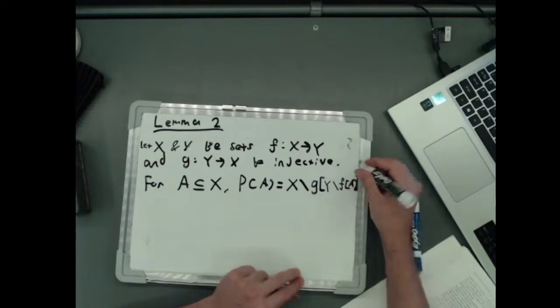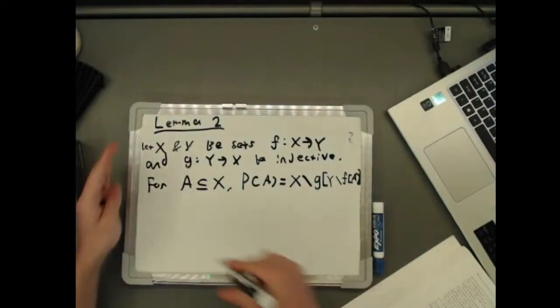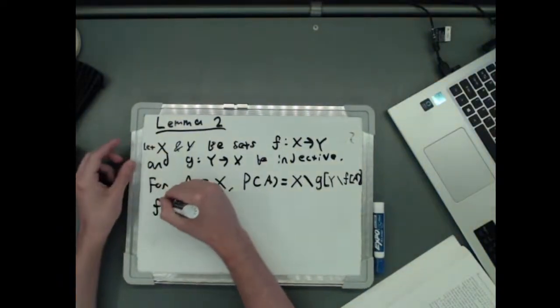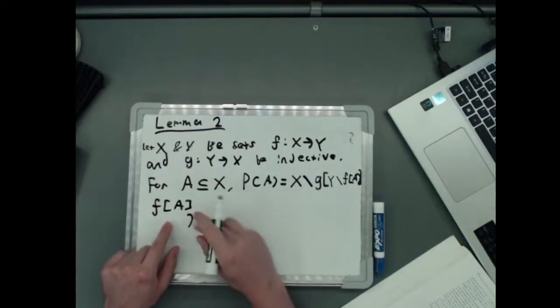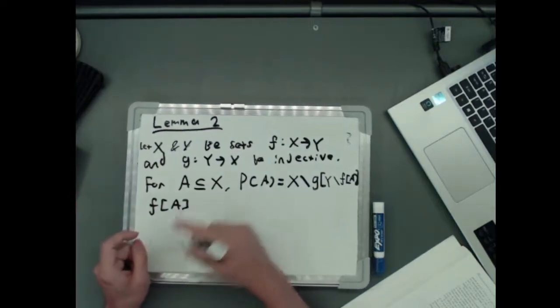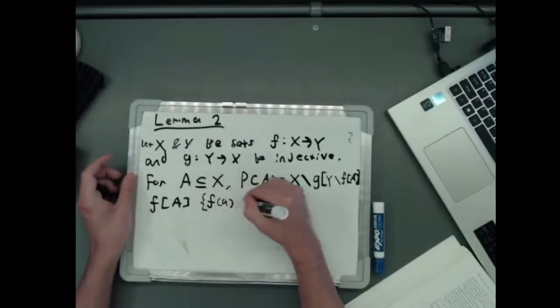Almost can't fit that in there. All right, again, don't worry. What this means, the little brackets instead of parentheses, we're just going to define that to mean the set of all f of a.